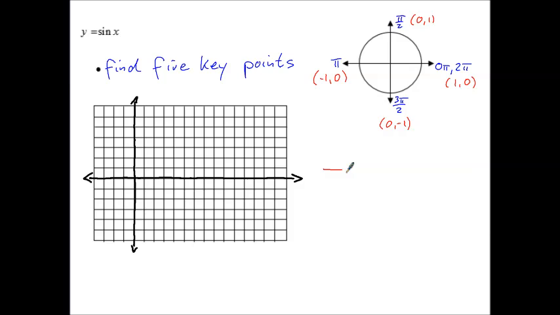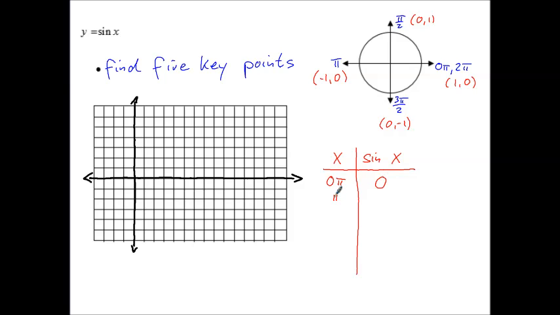And now we're ready to set up our table of values with the values for x and for the sine of x. Now remember, the sine of x was the y coordinate of each point. At x is equal to 0 pi, our y coordinate, and our sine is 0.